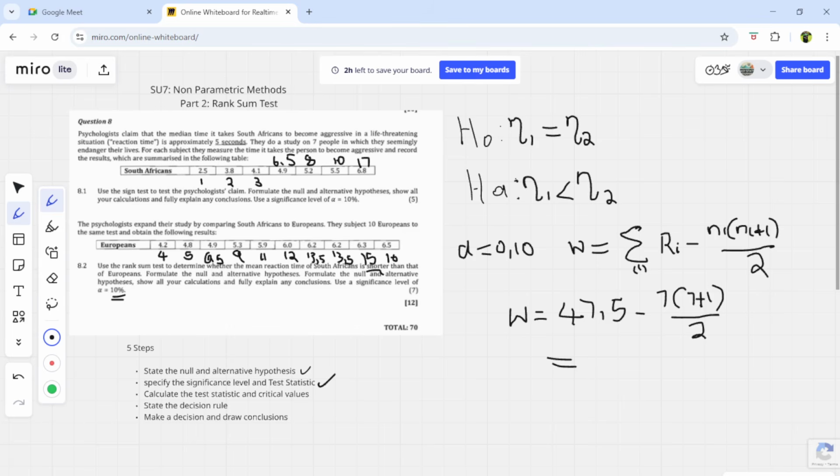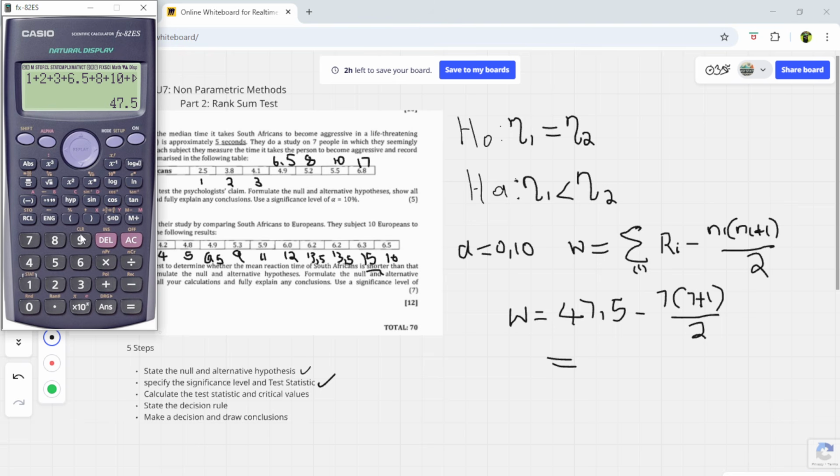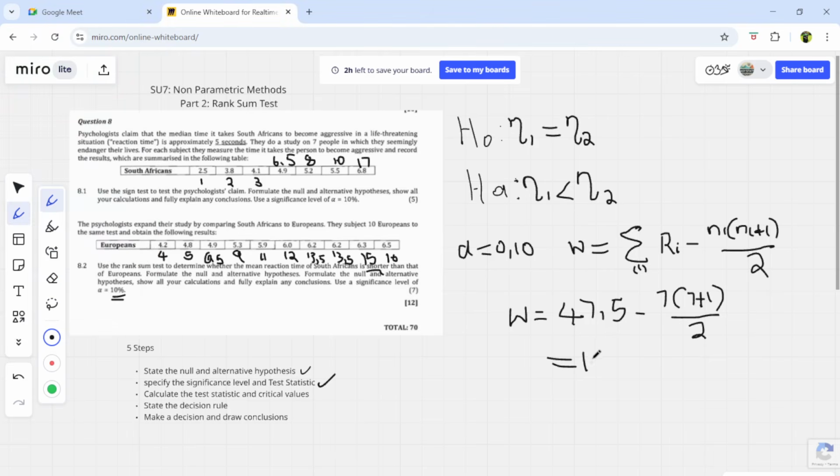Now the test statistic is equal to 47.5 minus 7 into 7 plus 1 over 2, and the final answer is 19.5. That is your test statistic.